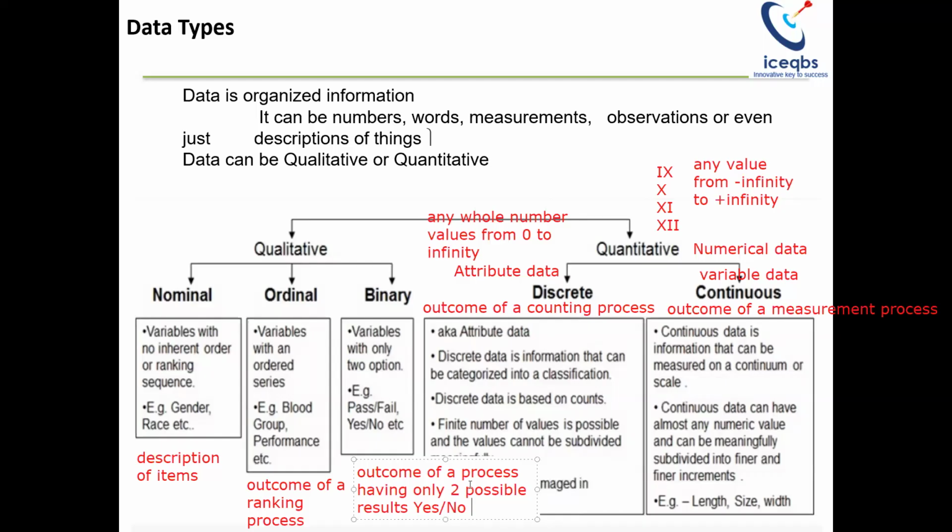So these are the different data types, and understanding the data type is very important because it is one of the major criteria for selecting the appropriate statistical tools during any phase of the Six Sigma process.